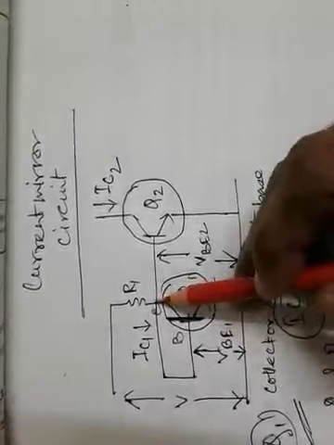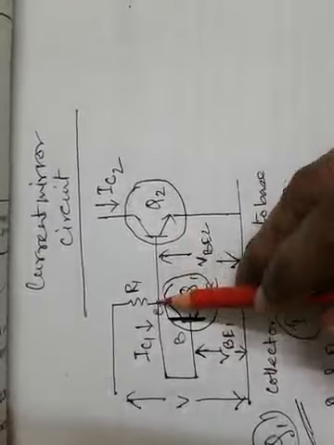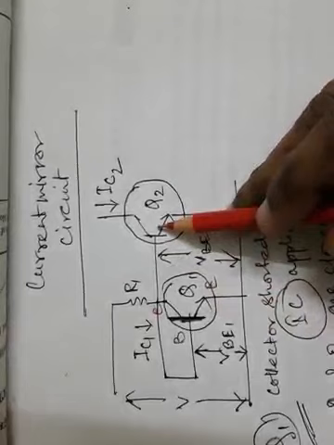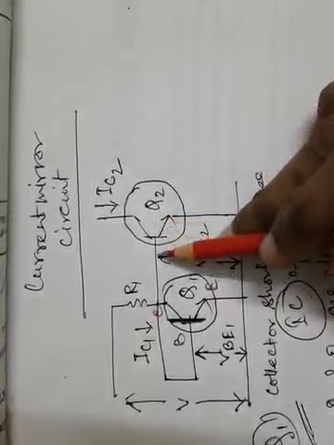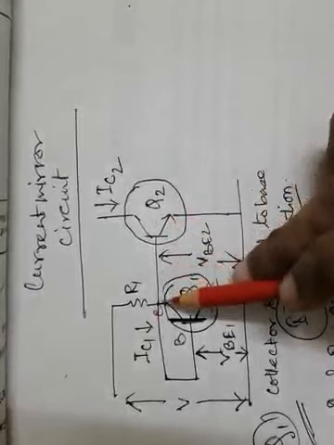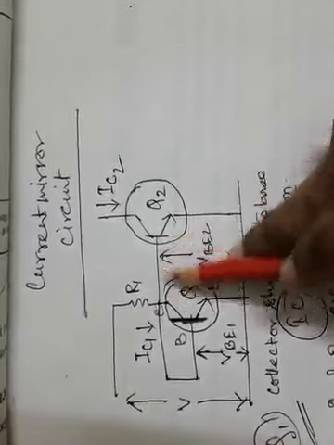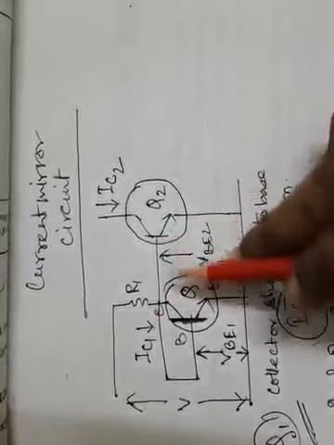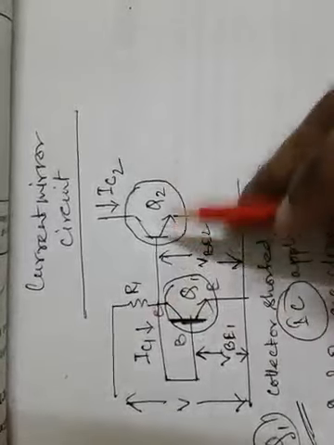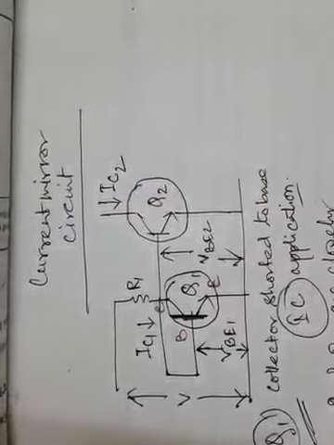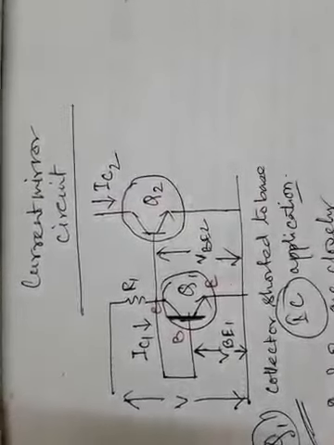From the collector of Q1 the output is collected, and that is applied to the input of Q2. So they are cascaded in some ways, that means they are connected in series, and through Q2 its collector current IC2 is flowing.